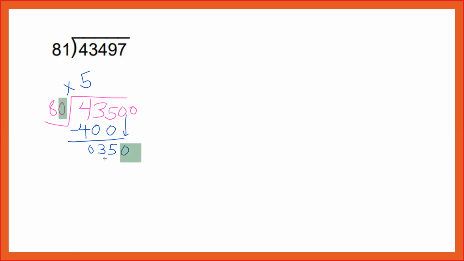So what do you have here? You have 35 over 8. How many 8s in 35? Yes, 4. Bravo. So now 4. 4 times 0 is 0, and 4 times 8.